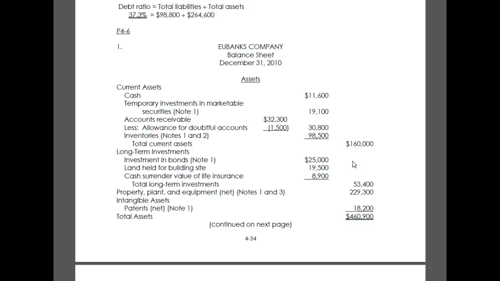Each company has its own way of presenting their notes, and they usually try to keep them fairly consistent for comparison from year to year. Other things you're going to find in the notes, and I'm coming right out of the book here now, are the subsequent events. If something happened since the financial statements have been written up and they're being put out to the public, that's going to show up in there.